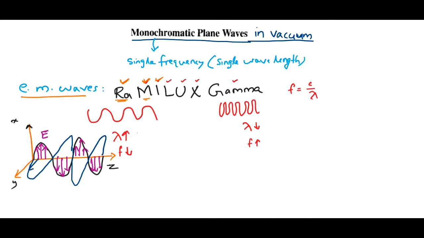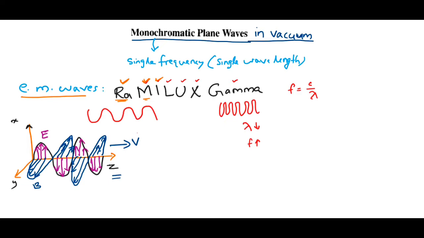This is the magnetic field component B. And this wave propagates along the Z direction. This is the propagation direction.